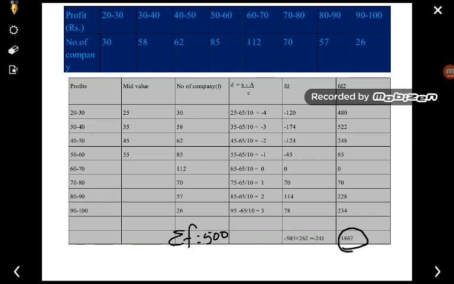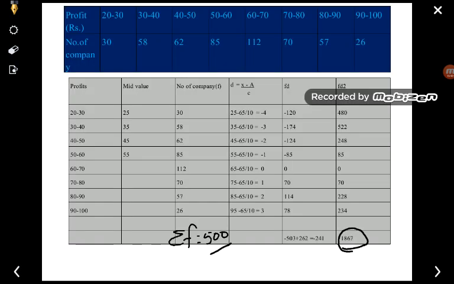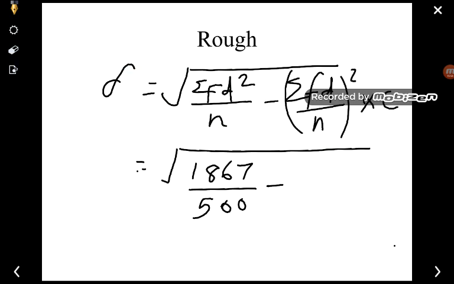And what is n? N is 500. So 1867 divided by 500 minus, what is the summation of fd?